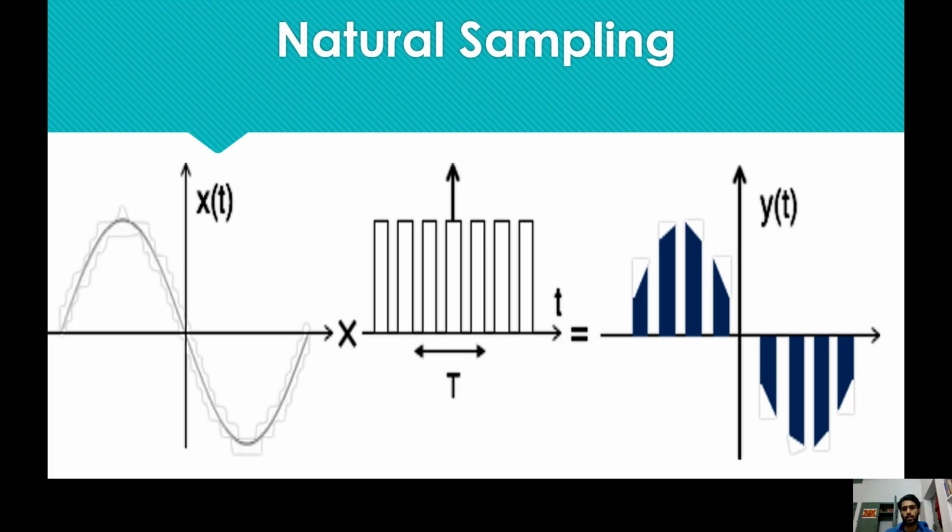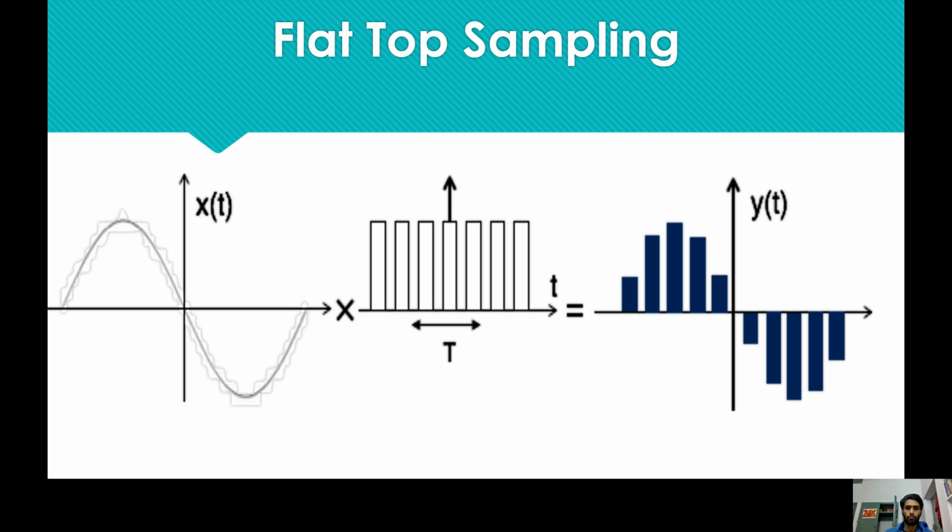The output is represented by this wave, in which you can see that the amplitude at each point has some noise on the top, and this noise can be neglected by using flat top sampling.